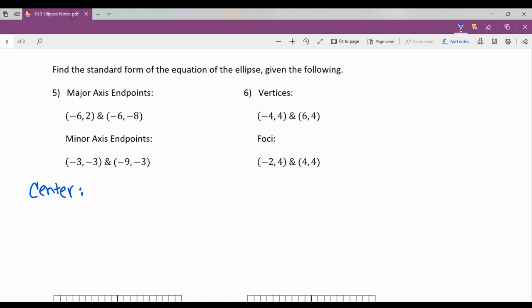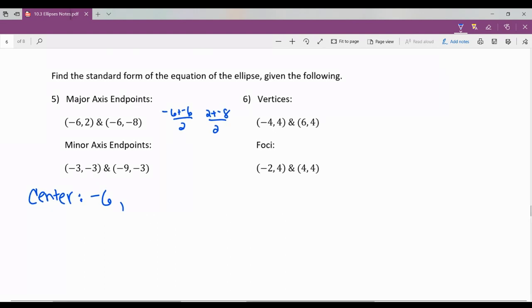So using the major axis endpoints, if I do the midpoint formula, that's -6 plus -6 divided by 2, so that's -6, comma, 2 plus -8 divided by 2. That's going to be -6 divided by 2, -3.